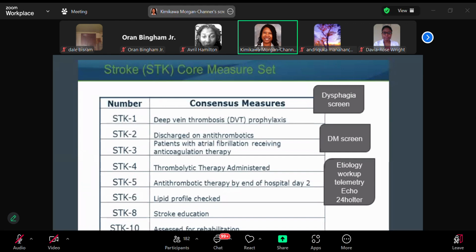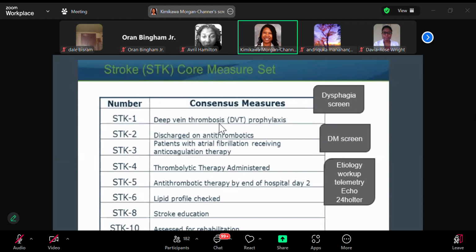Yes, Shika. That's why you must put everybody who has a stroke on a 24 Holter. Patent foramen ovale, the only way you can pick it up is if you do a bubble echo. It's still a transthoracic echo, but you have to order a bubble echo so that the technician introduces bubbles to see them go across the PFO.